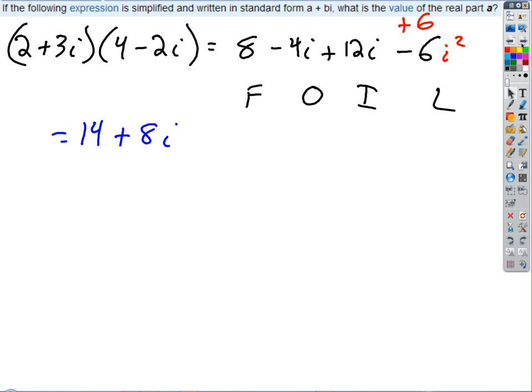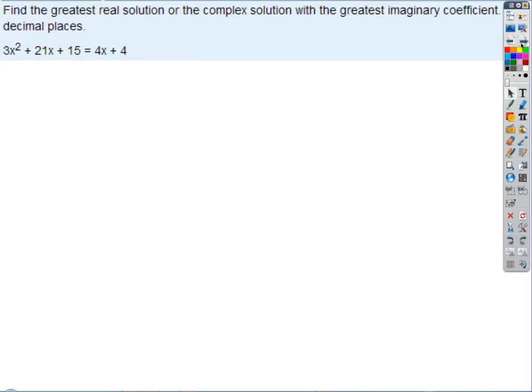Okay. Find the greatest real solution or complex solution with the greatest imaginary coefficient. So what are we going to do with this one? Combining terms, we have to put it into standard form, right? So we're going to set it all equal to 0.